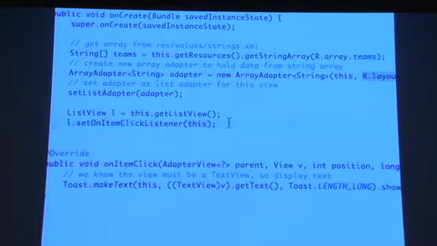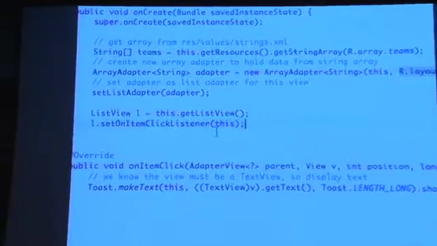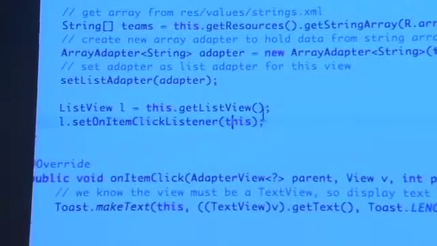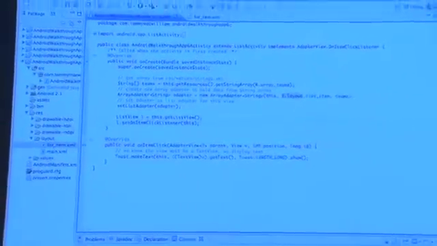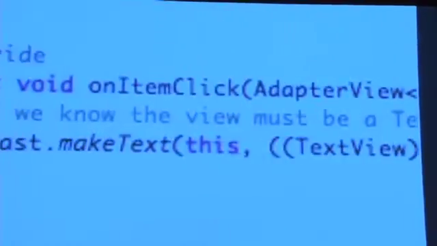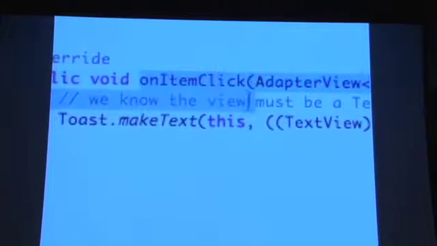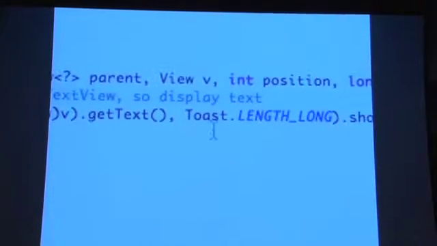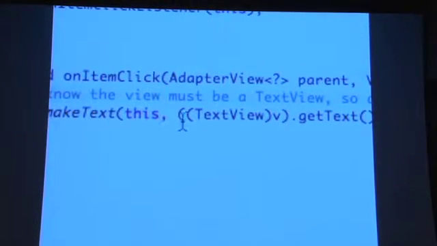And so now I'm just attaching my event handler to the list view. So this is the actual UI component that's displaying the list. I say, well, every time you click it, again, we're going to use this class. And because I've implemented this adapter view on item click listener, that just means that I provided a definition for on item click, which is basically just going to display the text of the view.